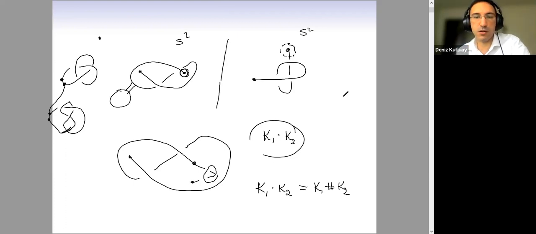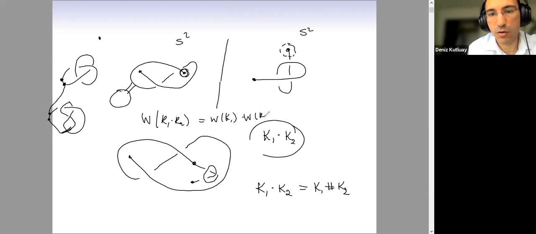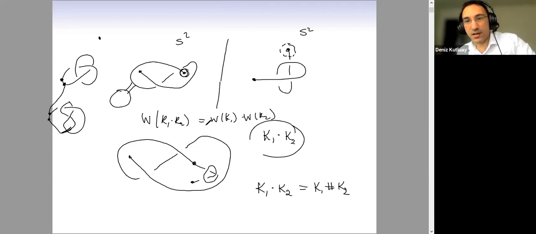Okay. So in particular, the winding homology of K1 dot K2 is the winding homology of K1 times the winding homology of K2. So I said it behaves nicely like this, but actually this is also not very good, because that means the winding homology cannot distinguish between K1 times K2 and K2 times K1.